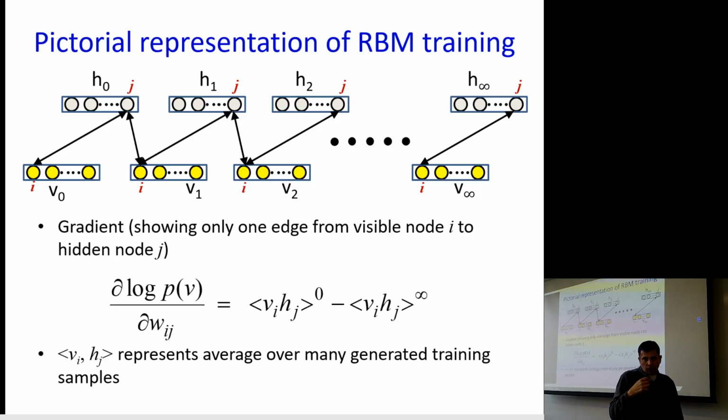You fix the visible units to your training pattern, draw some samples for the hidden units, and now you can compute the products of bits, and the average over all training samples is going to give you the first term, right? The second term is exactly the same thing, except now we do it at the very last step of this evolution. Other than that, it remains the same. So very simple process, right?